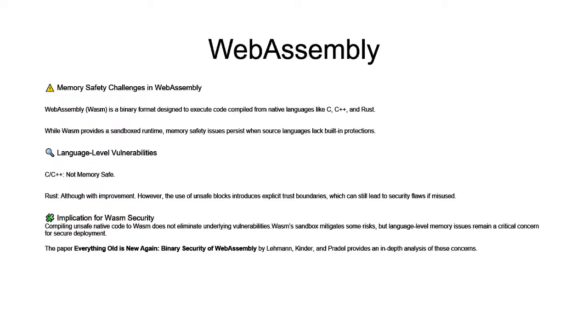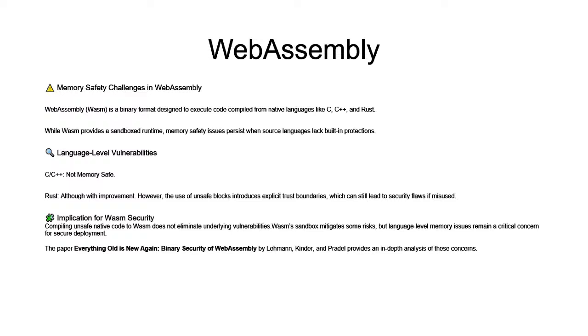The sandboxing of WASM mitigates some risk, like you won't be able to directly hurt the kernel, for example, or go outside the sandbox. But it can still create problems, and everything old is new again.